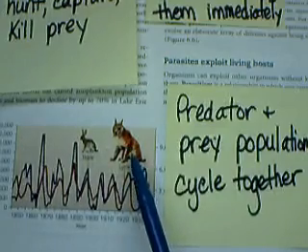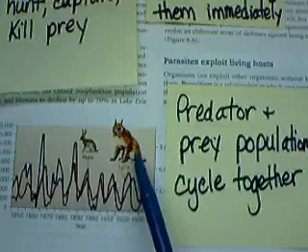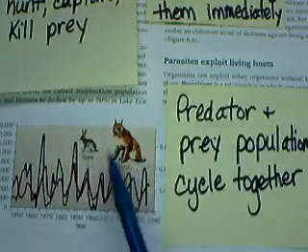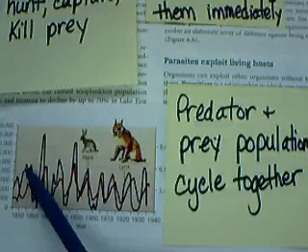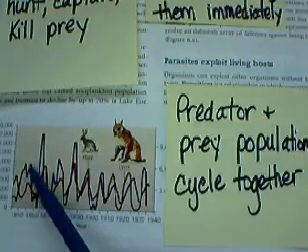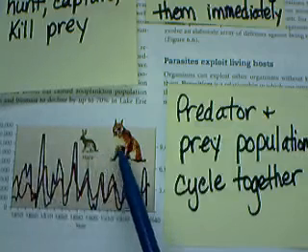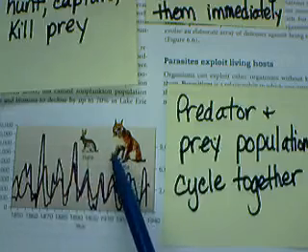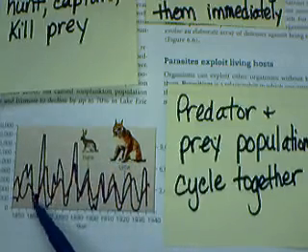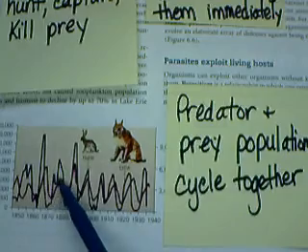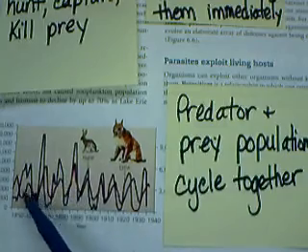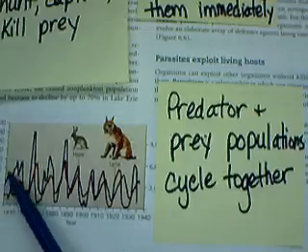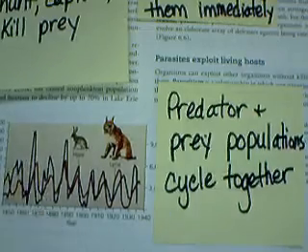The bottom of page 153 shows predator and prey populations cycling together. So what this means is that when the population of prey goes up, right immediately following that, the population of predator goes up. Because when there's an abundance of food, you can reproduce and make more babies. So let's say there was a big rainy season, which produced a lot of grass and seeds for this hare, this rabbit.